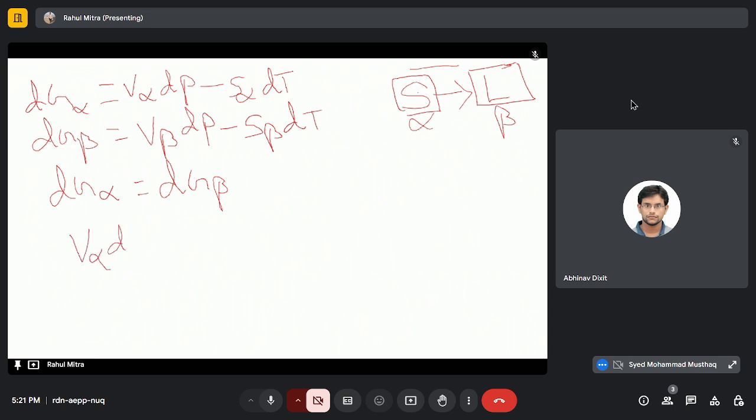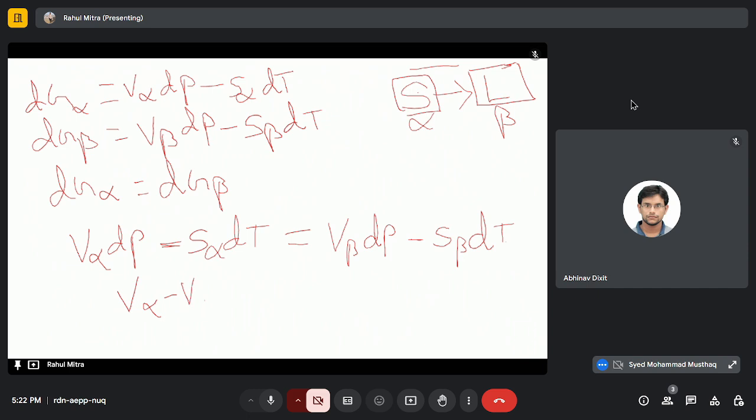V alpha dP minus S alpha dT equals V beta dP minus S beta dT. So (V alpha minus V beta) dP equals (S beta minus S alpha) dT.